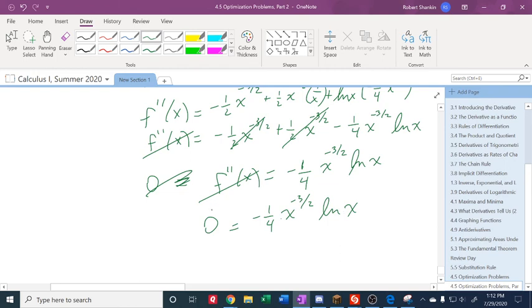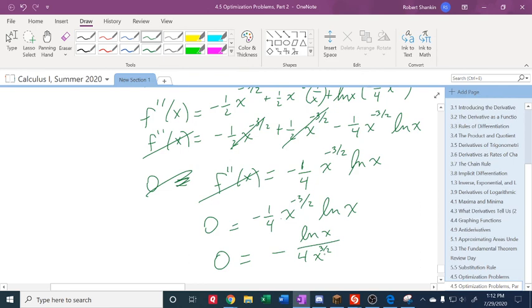Okay, now this is really the same as this. The 1 gets absorbed, times ln x. On the bottom is a 4 and an x to the 3/2.